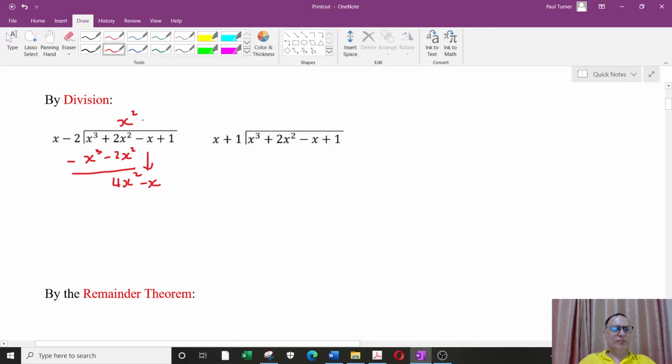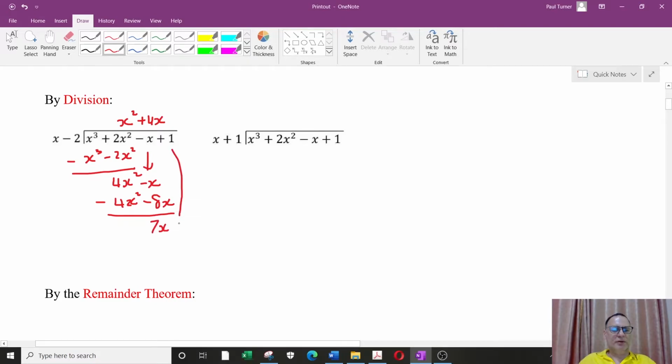This value must be 4x because 4x times x is 4x squared. 4x times 2, minus 8x. Then we subtract again. Minus 1 plus 8 will be 7x.